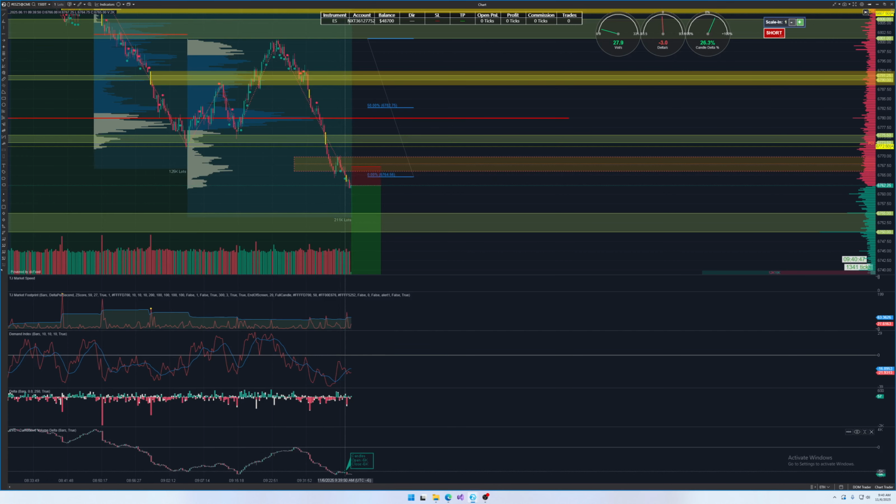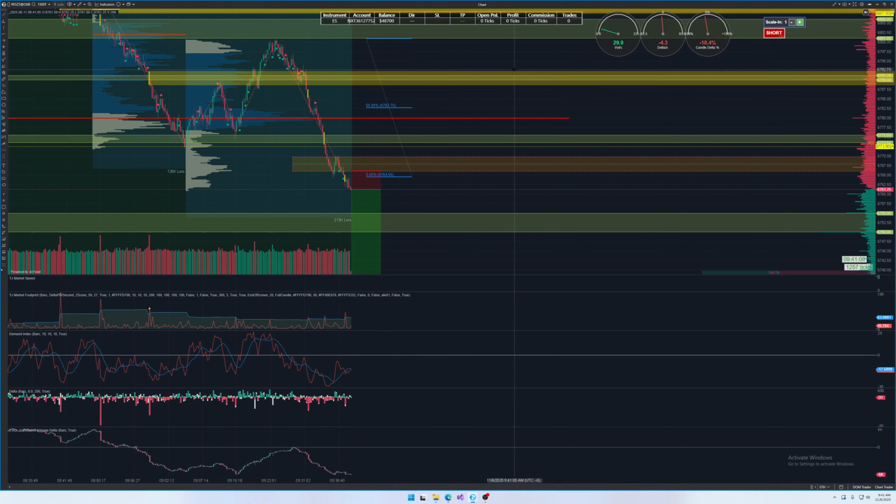The cumulative delta doesn't seem to have worked down again, so it looks a bit like here, if you look at, but we only trade on locations, so patience, Jan, patience.